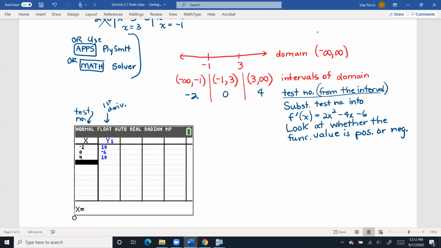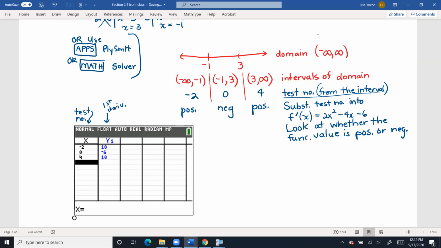So let's look at the -2. When I put in -2, the derivative is 10, which is positive. When I put in 0, the derivative is -6, which is negative. And when I put in 4, the derivative is 10, which is positive. Those signs right there tell me everything I need to know.